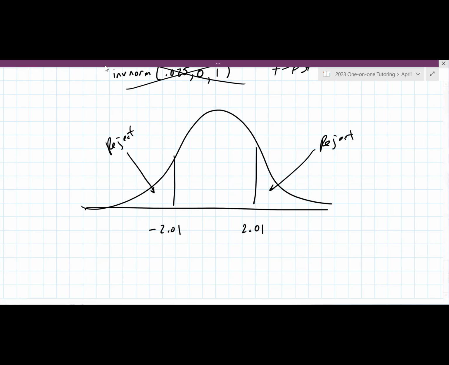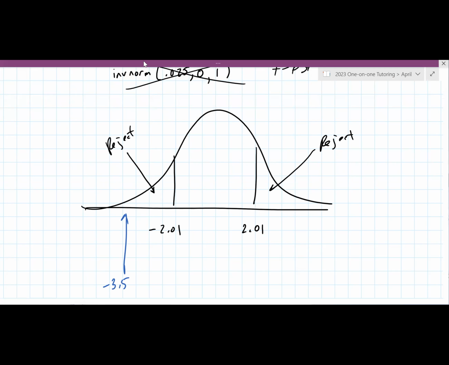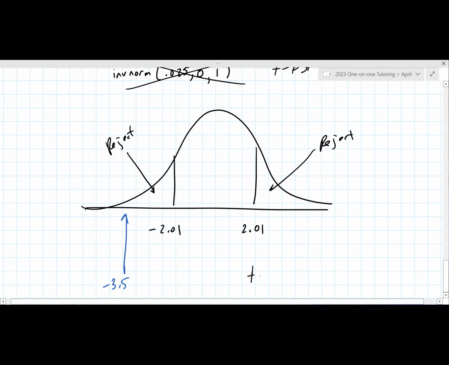Your computed test statistic was -3.5. Did it fall in the reject region? Is it left of this one? Yes. So you would reject it. So you take your test statistic and compare it to the critical values.